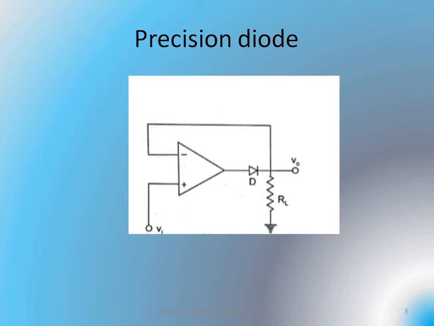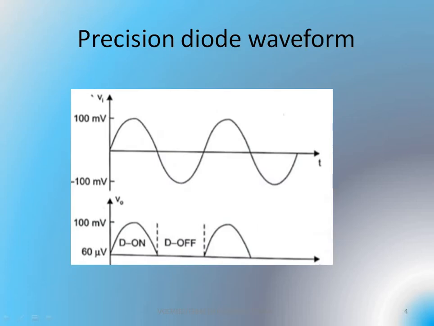So the output will be equal to 0. This is due to the open-circuited condition of the PN diode with respect to the applied negative input at its non-inverting terminal. So this is how the operation is decided, based on the applied input at the non-inverting terminal of the operational amplifier.